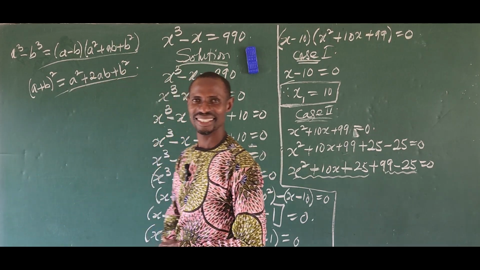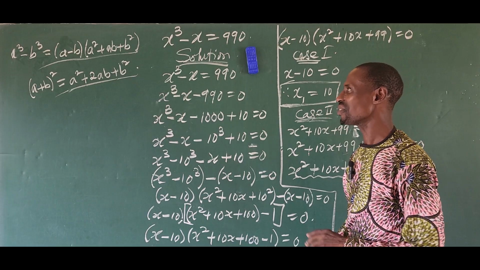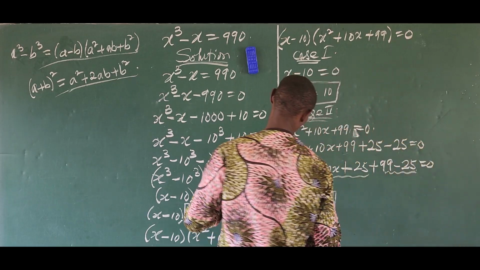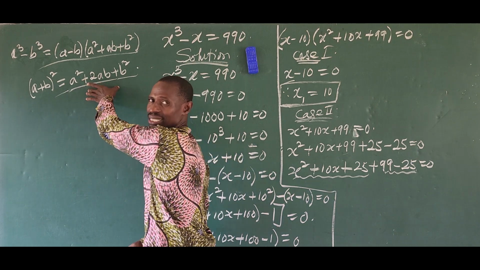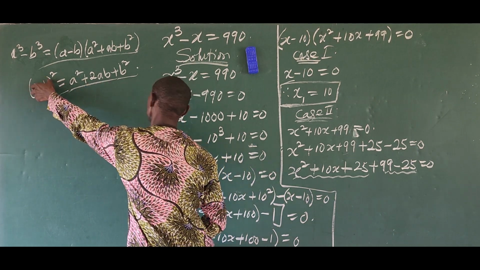You remember this? All right. So if you remember this, look at what we are having here. This expression is in this format. So I want to take it back to this format.